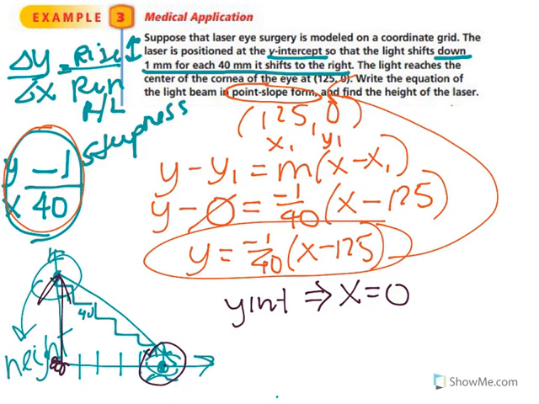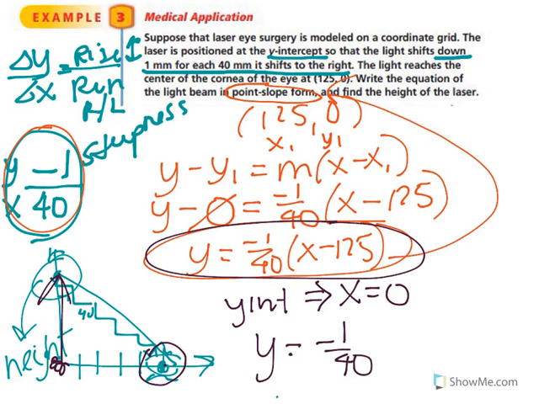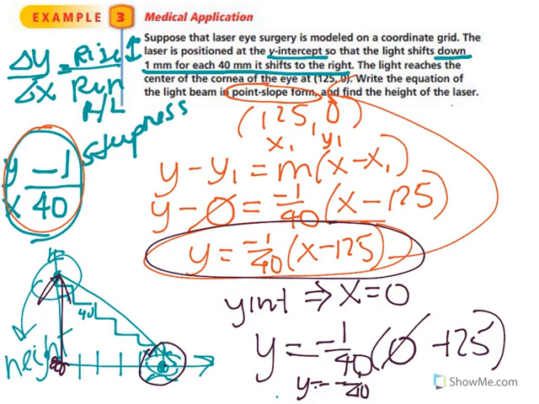So I'm going to take my equation in point slope form and plug in my value. I have y is equal to negative 1 over 40 times x, which is now 0, minus the 125. The 0 cancels here, so I'm left with negative 1 over 40 times negative 125.